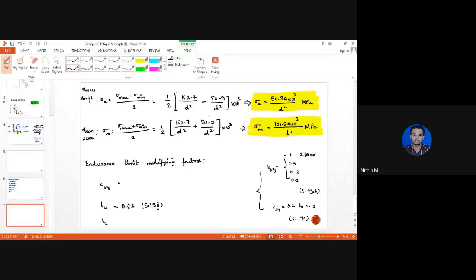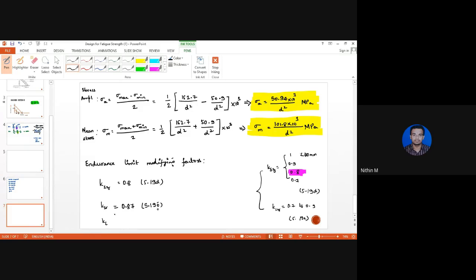You will get to know this. So here, since this is our very first problem, again let me assume the size factor to be 0.8. I am assuming it by making use of 5.19d. You note this word, I am assuming.